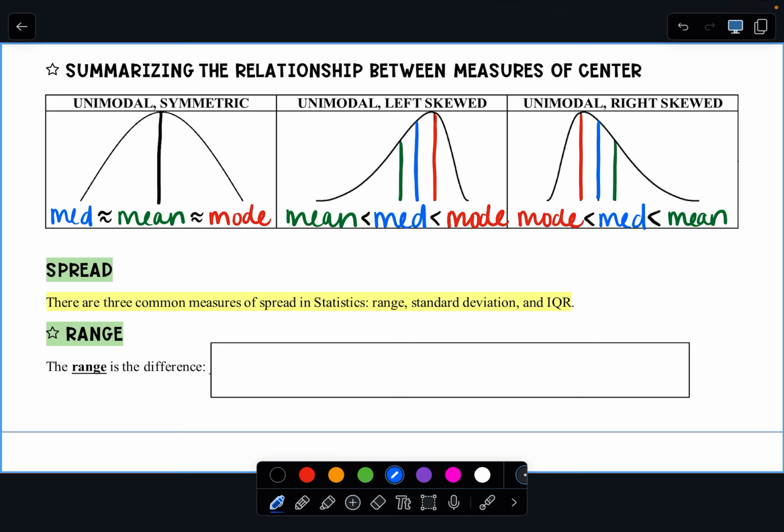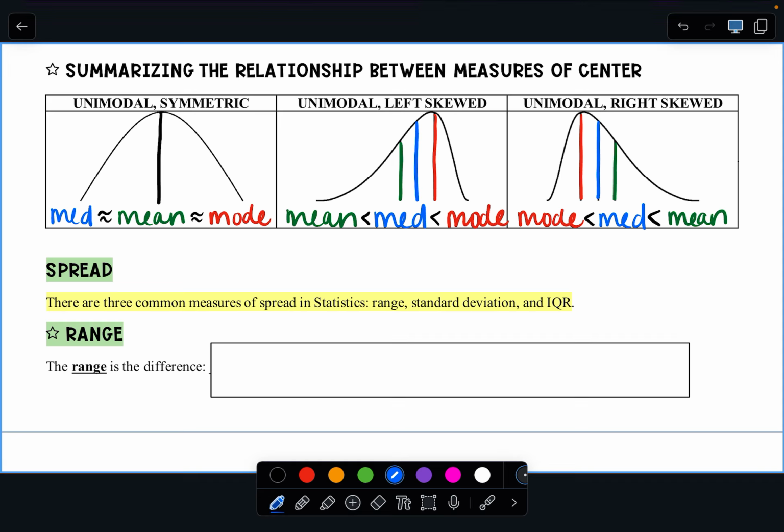Now, I always get the question, how alike do they have to be? Well, if my data is from 1 to 5,000 and my mean is 450 and my median is 455 or 460, I'm going to say those are pretty close to each other considering the range of my values.